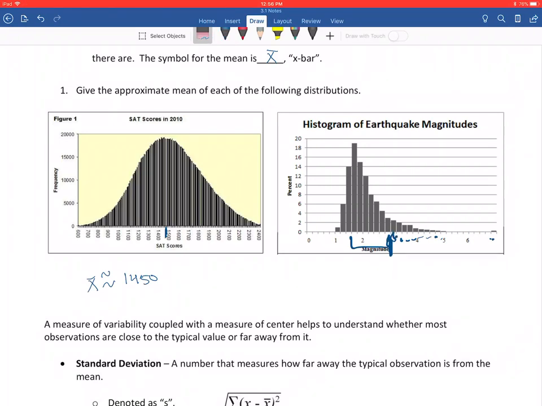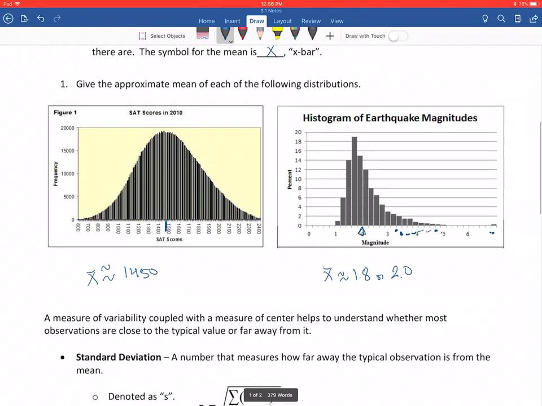If I put a fulcrum right here, it would not balance that. So we don't want to do it over there. Instead, I would say the mean, if we added all that up and divided, would probably be somewhere right here to balance it out. So maybe somewhere like 1.8 or even at the 2 would be the mean. Right now we're just estimating them, and we will use StatCrunch to actually calculate those values later.